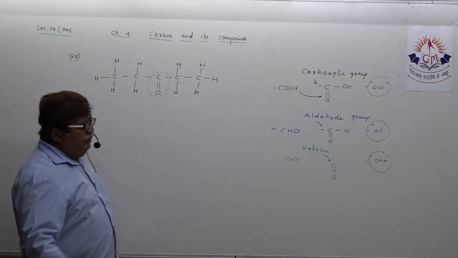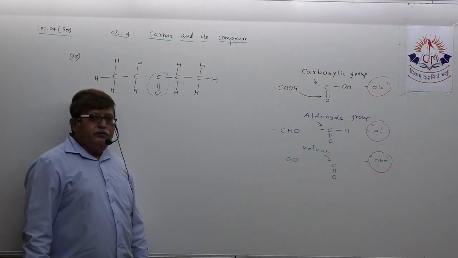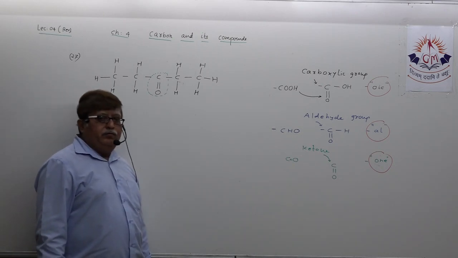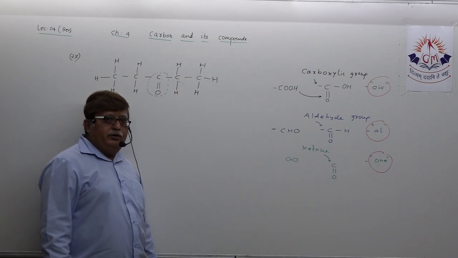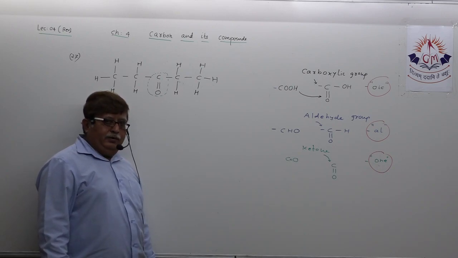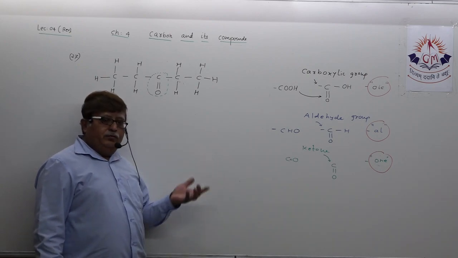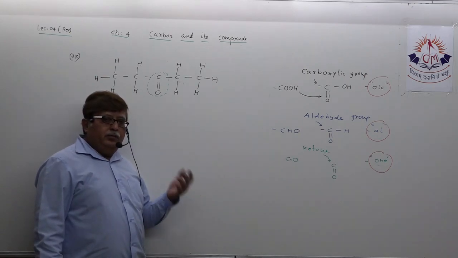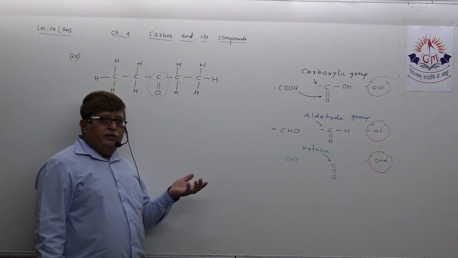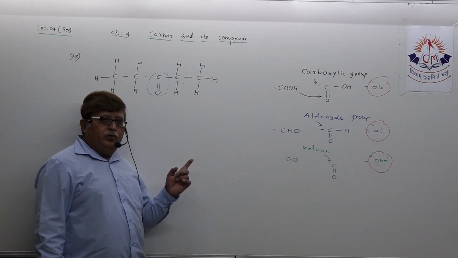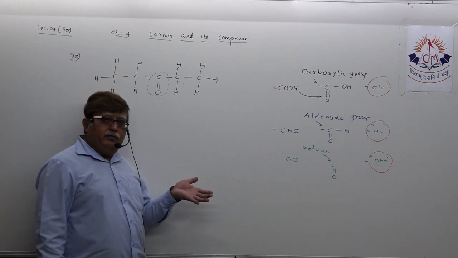How many carbon atoms exist in this particular compound? 5 carbon atoms. 5 carbon atoms means C5, that means pentane. So if I want to guess the name, pentane containing 5 carbon atoms and a C=O ketone group, I can name it pentanone. Why not?